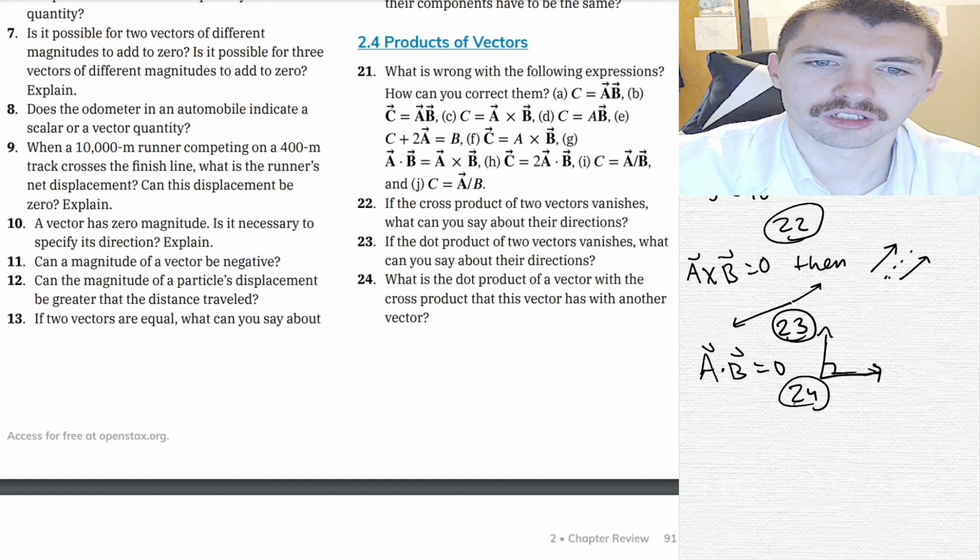24. The dot product of a vector with the cross product that this vector has within it. What is the dot product of a vector? Oh, okay. Dot product.